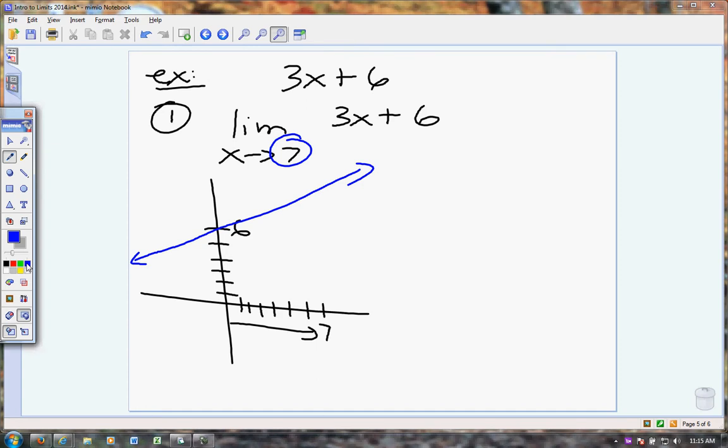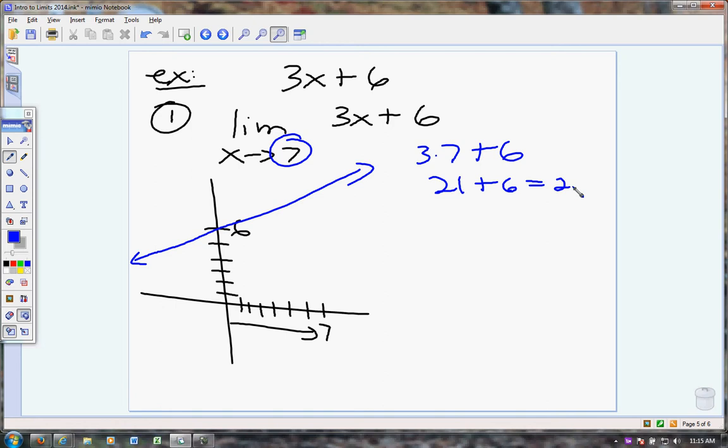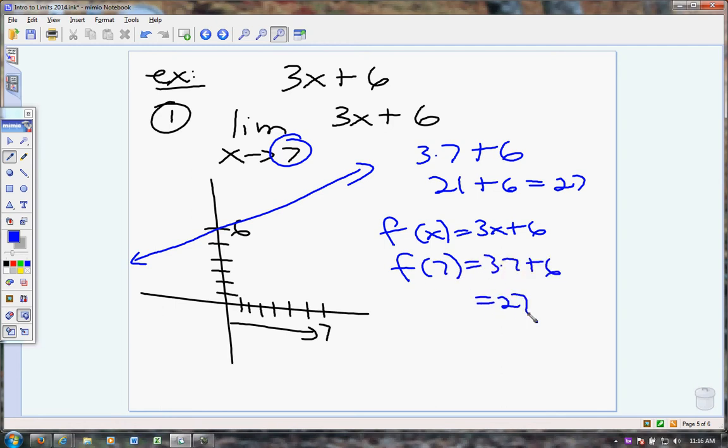Somebody said it. 3 times 7 plus 6, 21 plus 6 is 27. Isn't that the function value? If I come to 7, remember, my function is 3x plus 6. If I do f of 7 and do 3 times 7 plus 6 and get 27, that is the y value up here, isn't it?